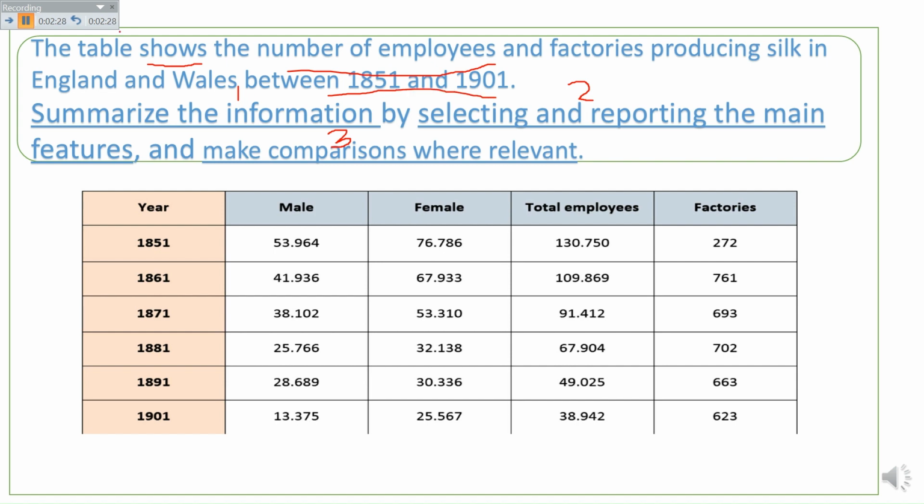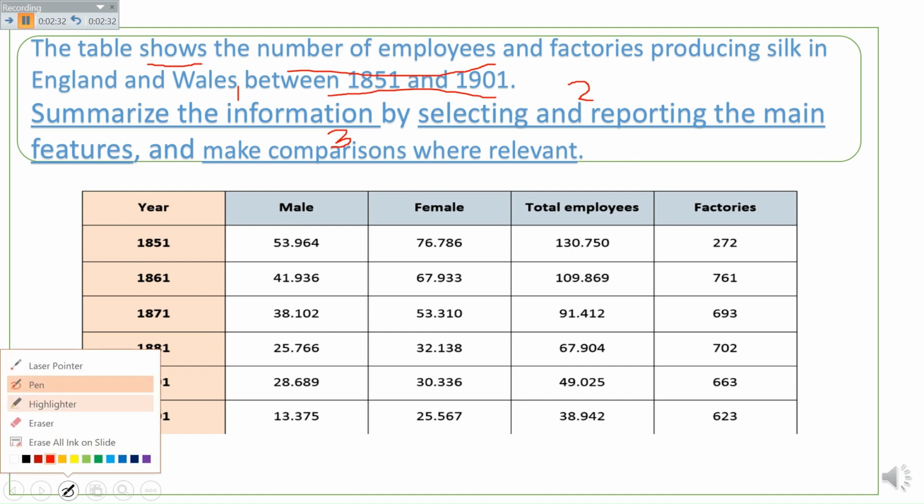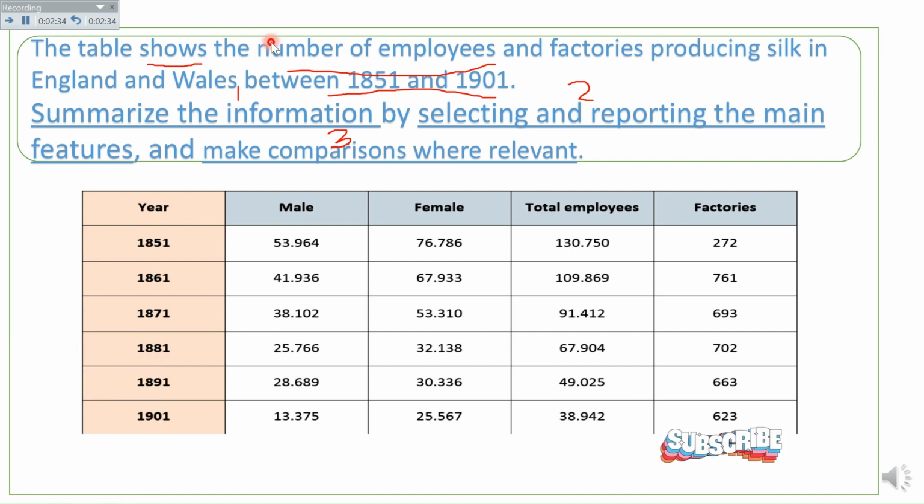So basically we can say that the table given illustrates or depicts the number of male and female employees working in silk producing factories in England and Wales in a span of 50 years from 1851 to 1921.